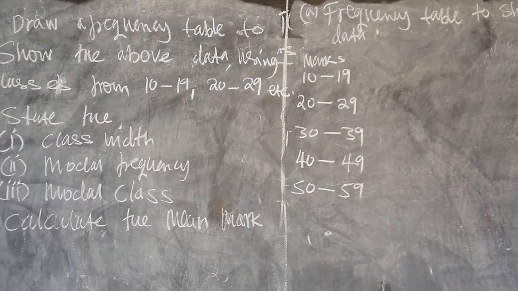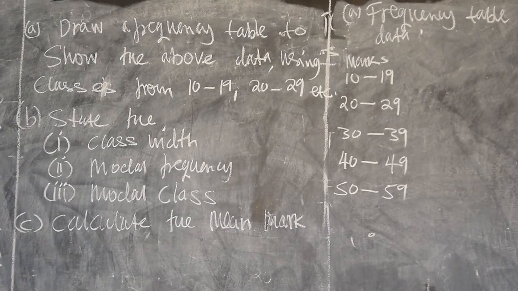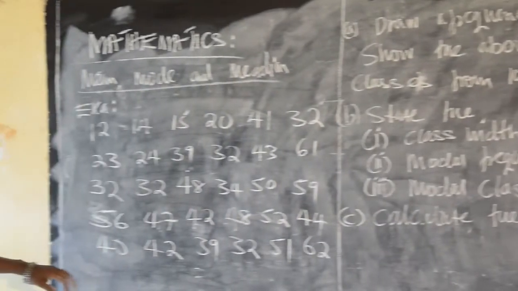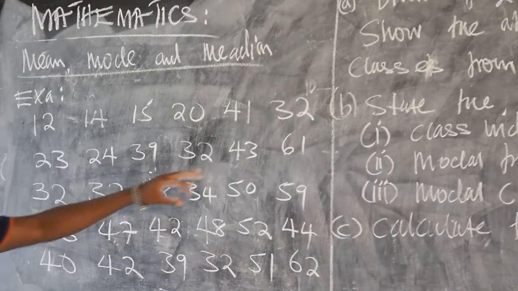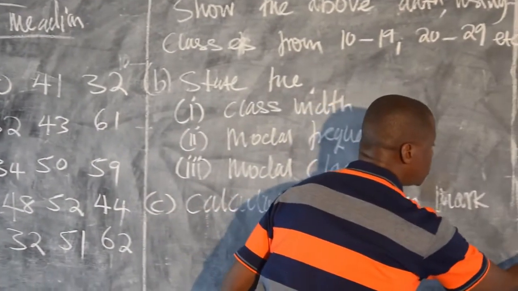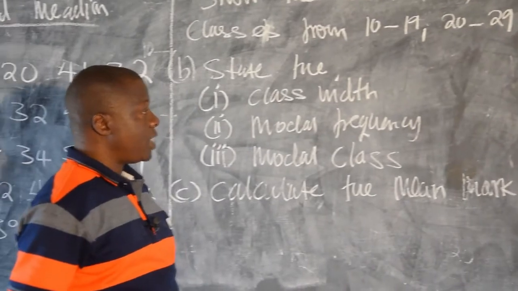Let us observe. What is the highest mark so far? We have 50. No 70, there is 60. So we can say 60 to 69. That is the arrangement.